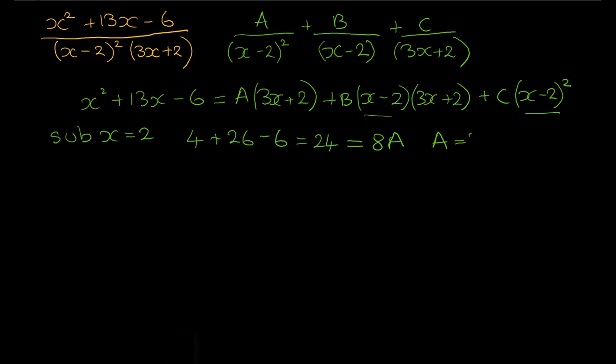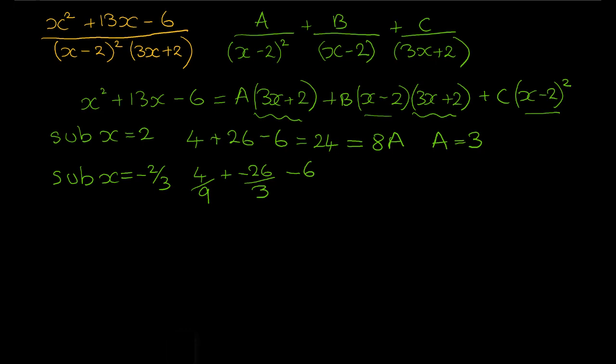and that's going to lead us to a equals 3. Now the next thing that I'm going to do is I'm going to substitute in x equals minus 2/3. This time that will knock this bracket out so that we can find c. So x squared will be 4 over 9 plus minus 26 over 3 minus 6.